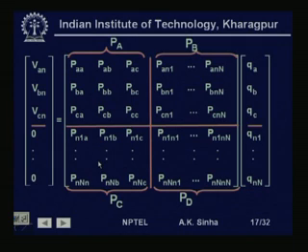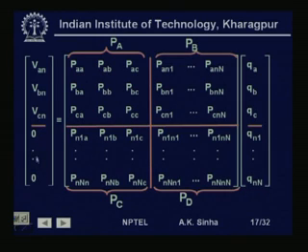Now, we can put this whole equation into a matrix form as shown here: V a n, V b n, V c n, and V n 1, V n 2 up to V n n.